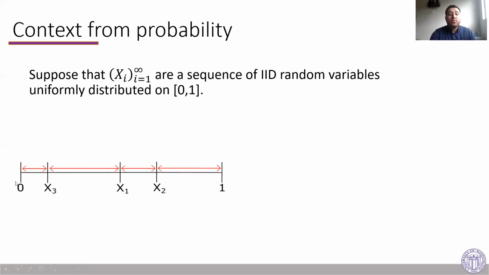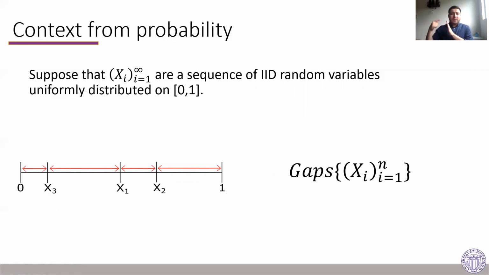I see a natural gap between 0 and x3 given by this red region here, another gap arising between x3 and x1, and then another one between x1 and x2, and x2 and 1. And so this IID sequence is going to naturally give us certain gaps of the unit interval that I'll call gaps of x sub I.